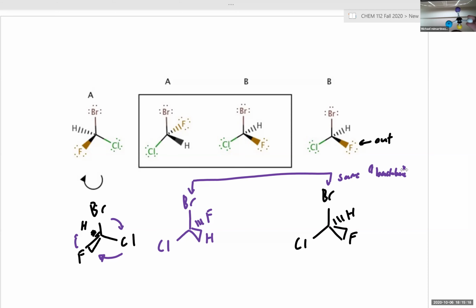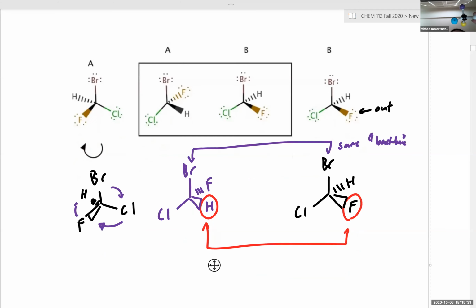And now we can very easily compare the position of our substituents. As we can see, our substituents are all in different positions. So these two compounds are non-superimposable, and as a result, compounds A and B are enantiomers.